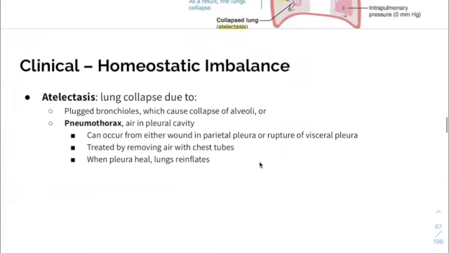As I just said, an atelectasis is a collapsed lung. There are different things that can cause a collapsed lung. It's not always a pneumothorax, but if something were to clog the airway down into those alveoli, through the bronchioles, it can cause the alveoli to collapse because no air is getting into them. Or, as we just showed on the previous slide, a pneumothorax, where the air from the lungs escapes into the pleural cavity.